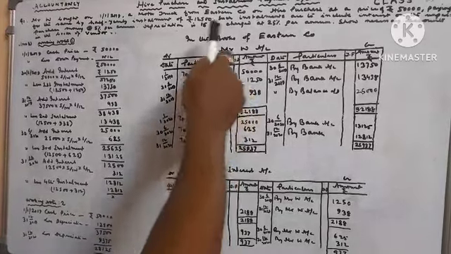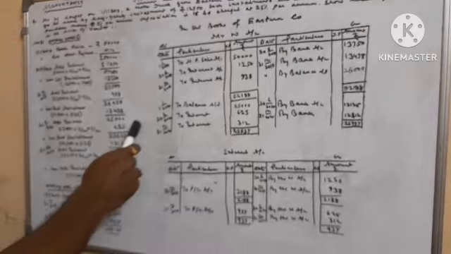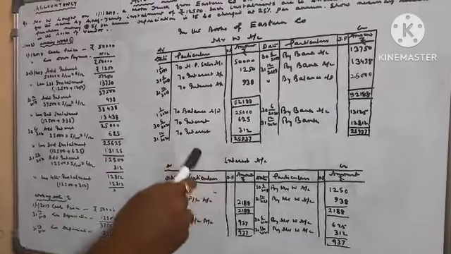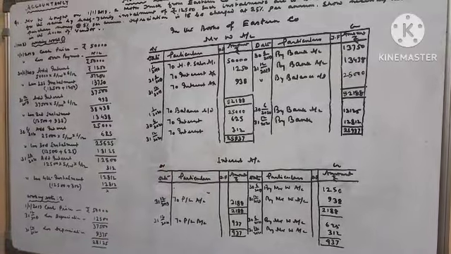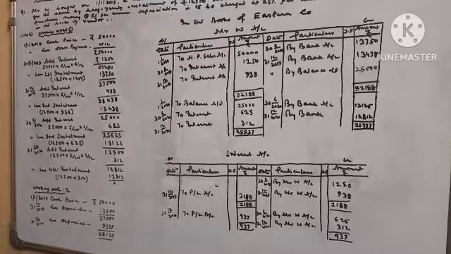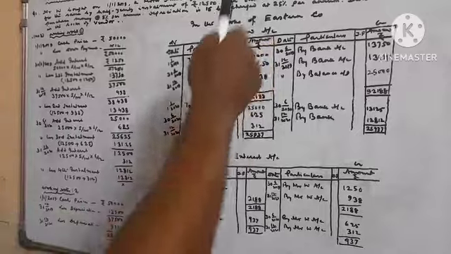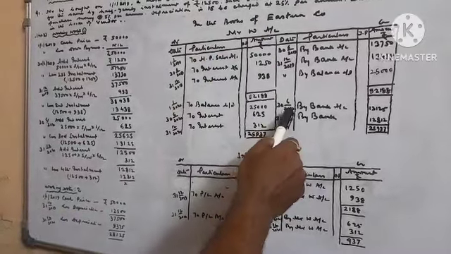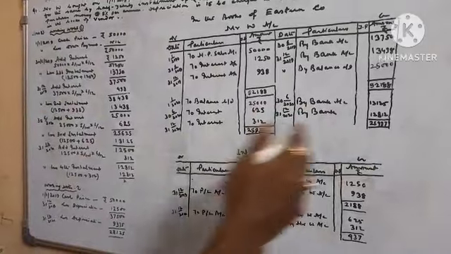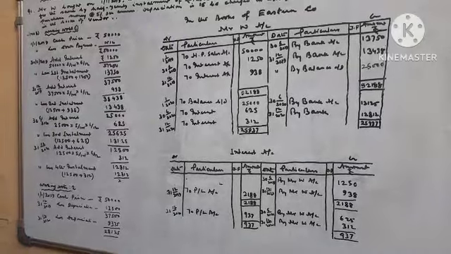Now again for the interest on 30/6/2020, the accounting entry will be buyer account debit to interest. So here Mr. W to interest, the amount we calculated is 625 on the date 30/6/2020. Again on the same day, for the installment including interest received, the accounting entry will be bank account debit to buyer. So the buyer means Mr. W. So on 30/6/2020 it will be by bank, that is the third installment received, 13,125.